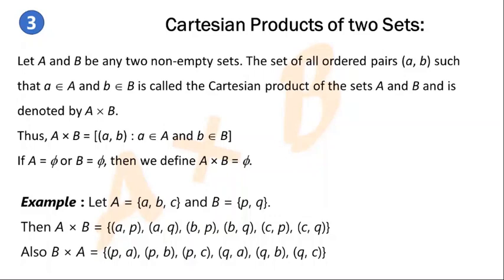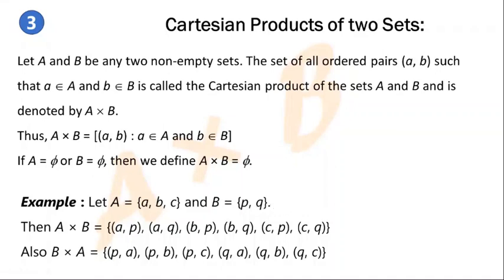The first element of set A is related with the first element of set B. Next, the first element of set A is related with the second element of set B. Next, the second element of set A is related with the first element of set B. Then the second element of set A is related with the second element of set B. The third element of set A is related to the first element of set B. The third element of set A is related to the second element of set B, and so on if there are n number of elements.